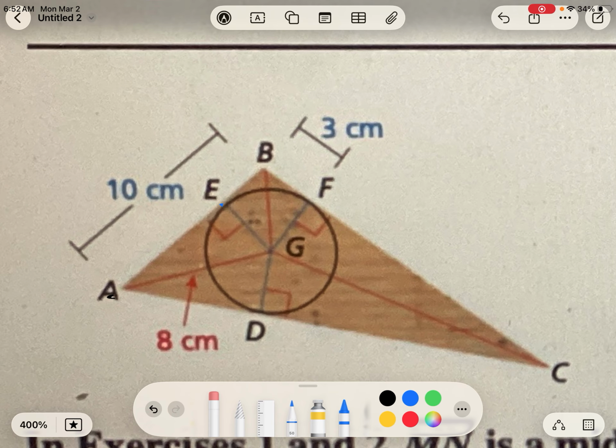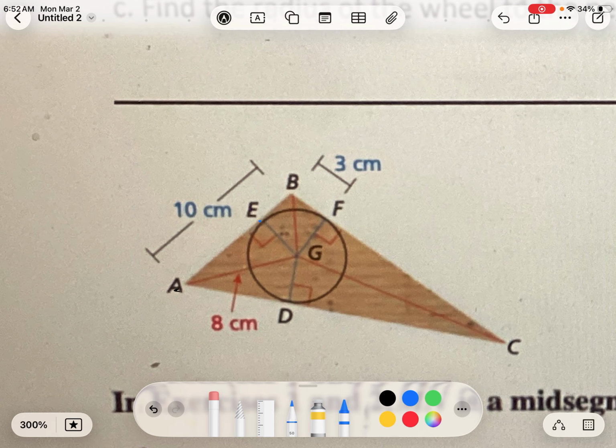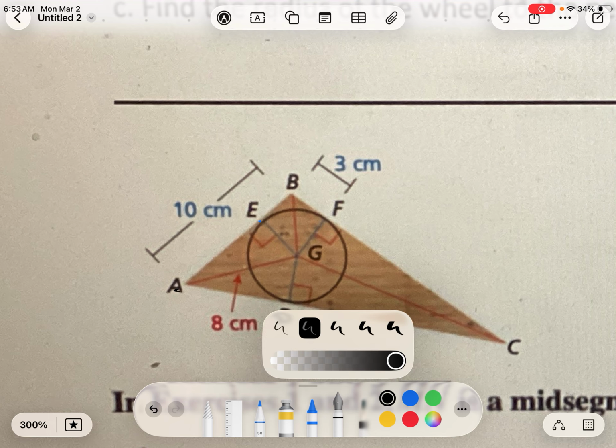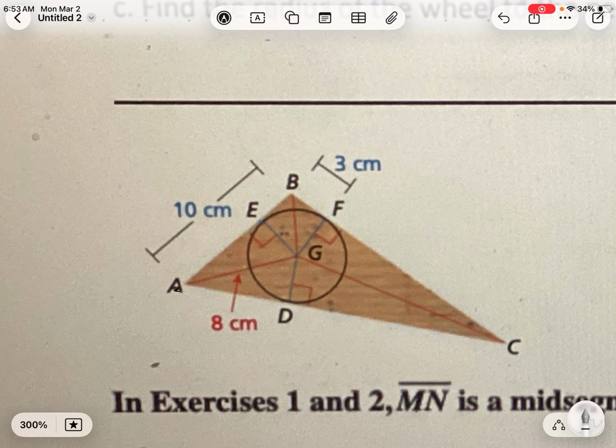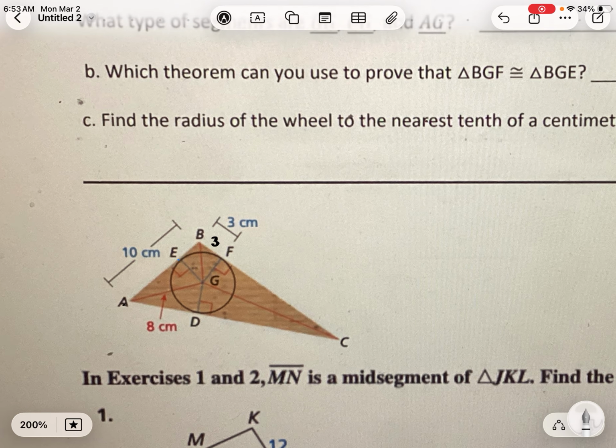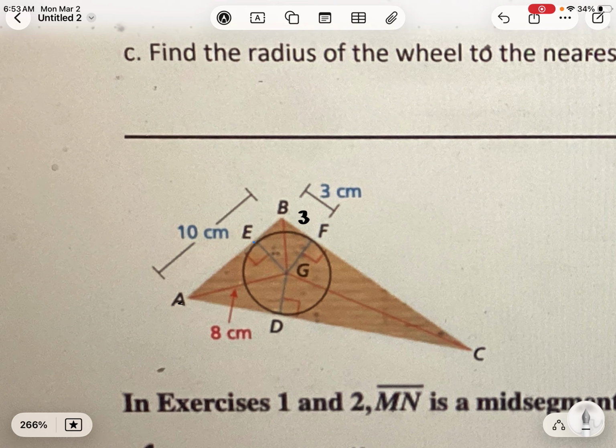And to blow that up a little bit further, from B to F, this is 3. That's from here to here. This whole thing is 10. And this little guy right there is 8. So that's what it's asking you.